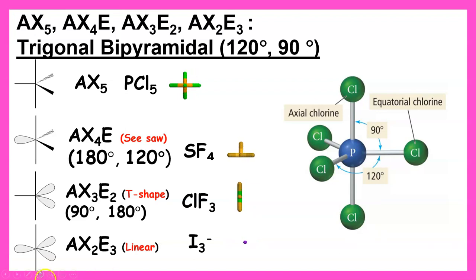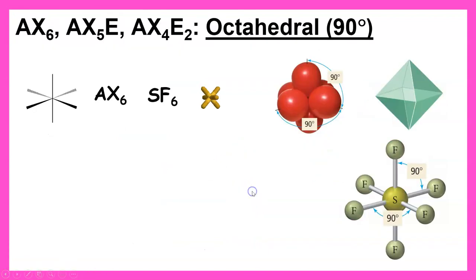Now let's add one more. Now we have octahedral. Sometimes people struggle with this because they don't understand why it is called octahedral when there's only 6 things attached. And it has to do with the number of faces that the 3D shape would have. That's where they get the octahedral name for this shape.